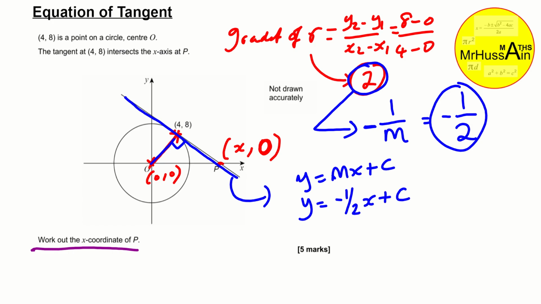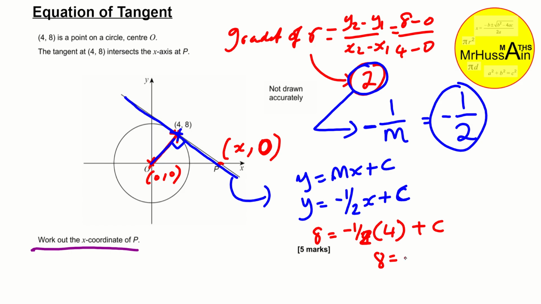All we now need to do is work out the y-intercept. And for that, if we substitute in this point of the line, we can work out what c is. So, y is 8, x is 4, we tidy that up.